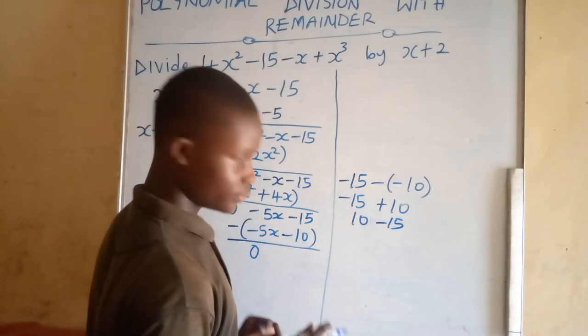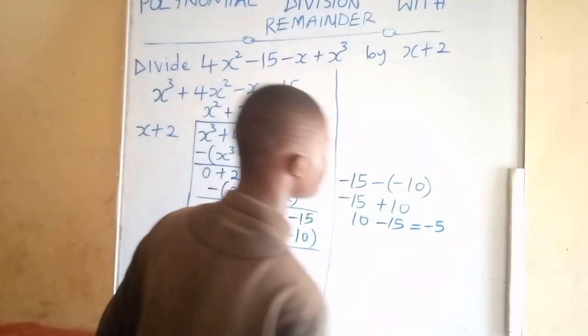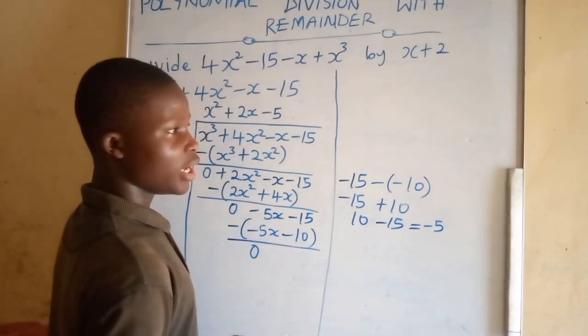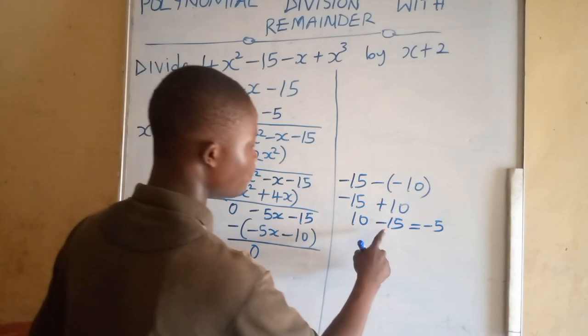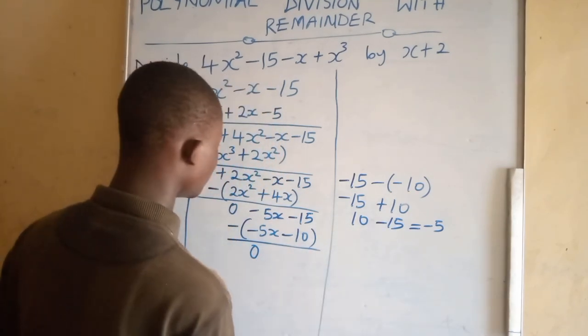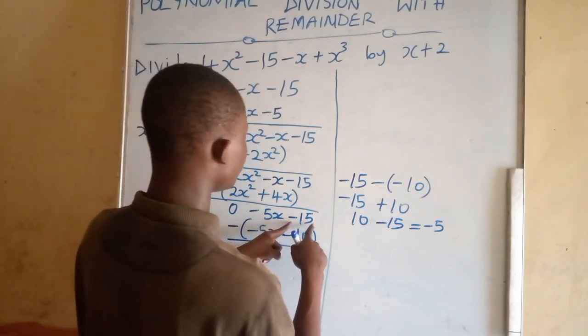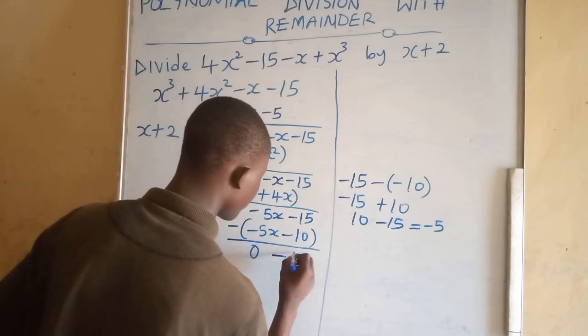Do you agree? And this is equal to minus 5. I think we are not confused. 10 minus 15 will give us minus 5. So we write it here. That shows that minus 15 minus 10 will give us what? Minus 5.